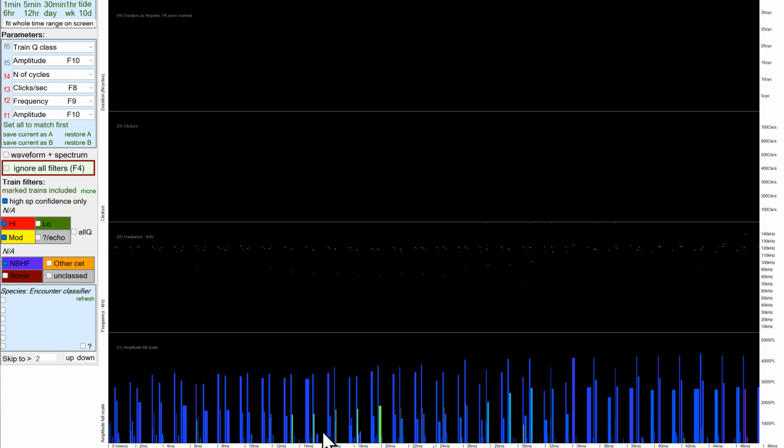But then after that, in some places you're getting this much lower frequency, which is showing here. So this is again the structure that you see in the frequency display of the FP1 file. This is supposed to be a narrowband high frequency species, but actually there is a low frequency component along with its click.